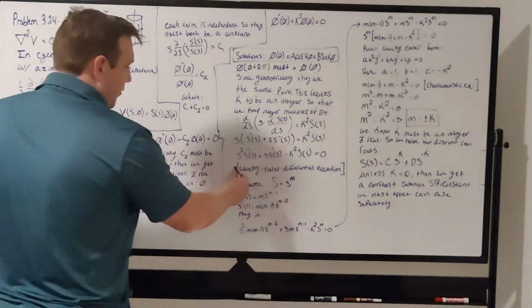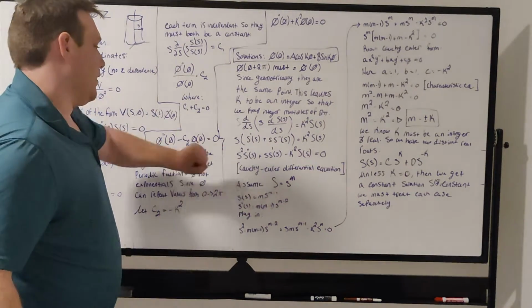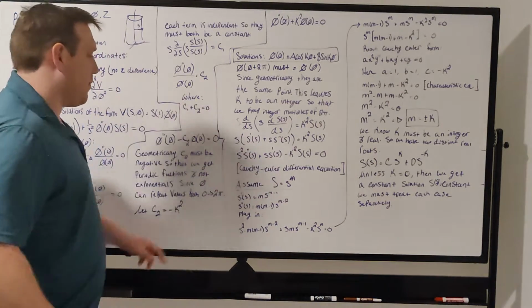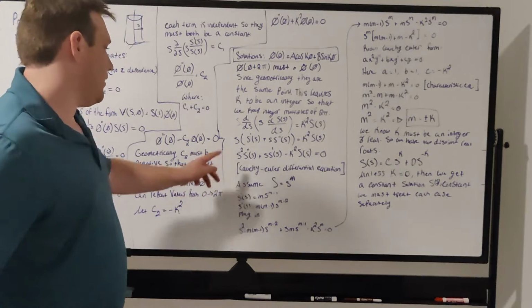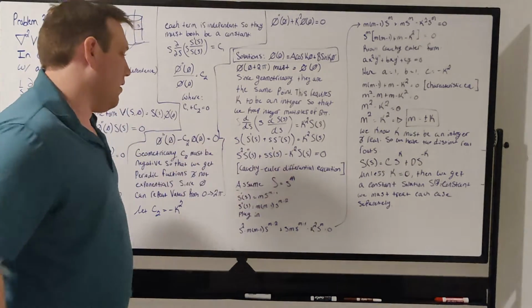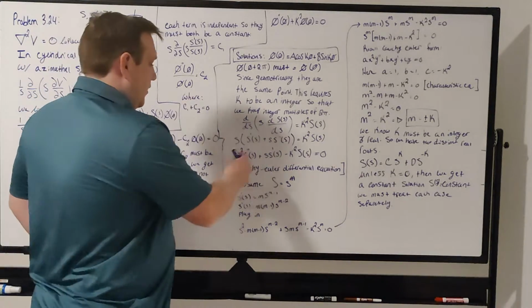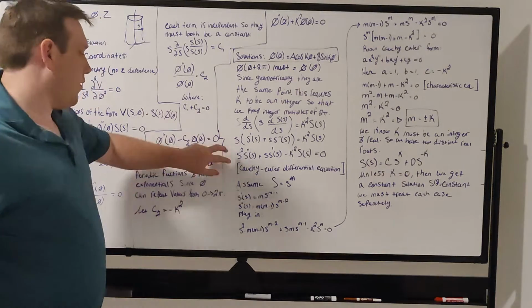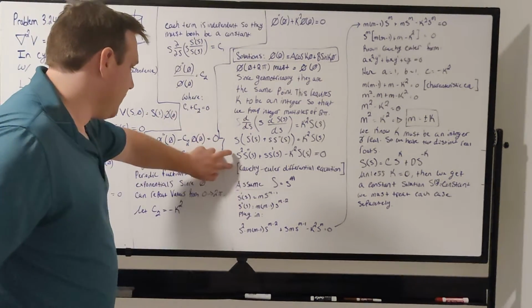So you might actually recognize this. This is a Cauchy-Euler differential equation, because the power of the independent variable on each term matches the derivative number. This is a pretty common type of differential equation that you learn to solve in a standard differential equations class.